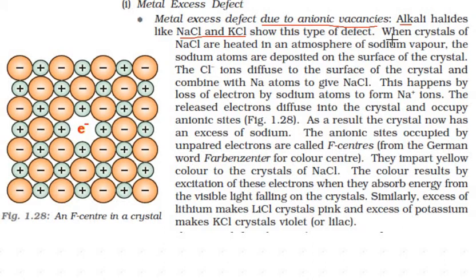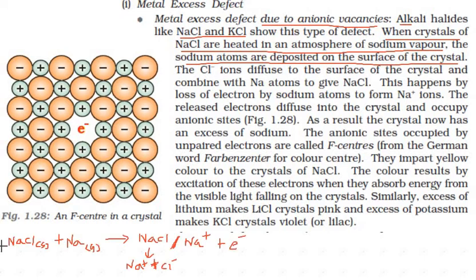So it is written, when crystals of NaCl are heated in an atmosphere of sodium vapor, the sodium atoms are deposited on the surface of the crystal. That means, try to understand this. What happens, actually you have a NaCl solid, that is a crystal, and you heat it in the vapor of Na gaseous.